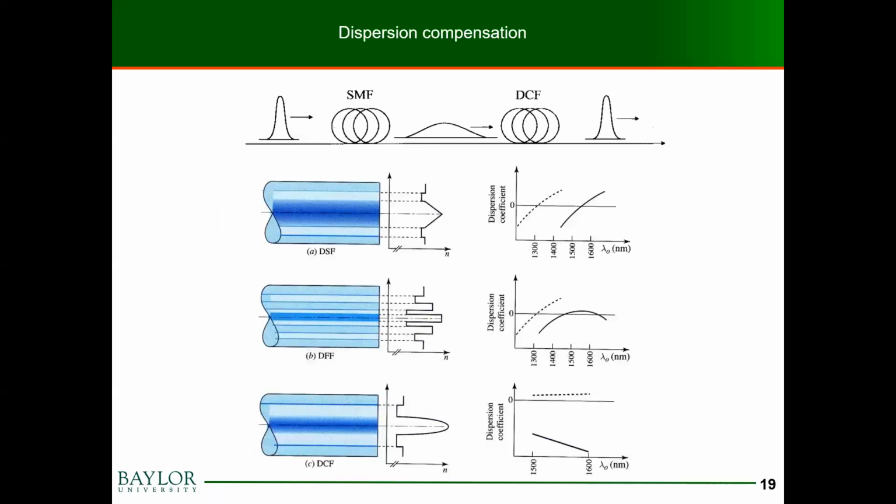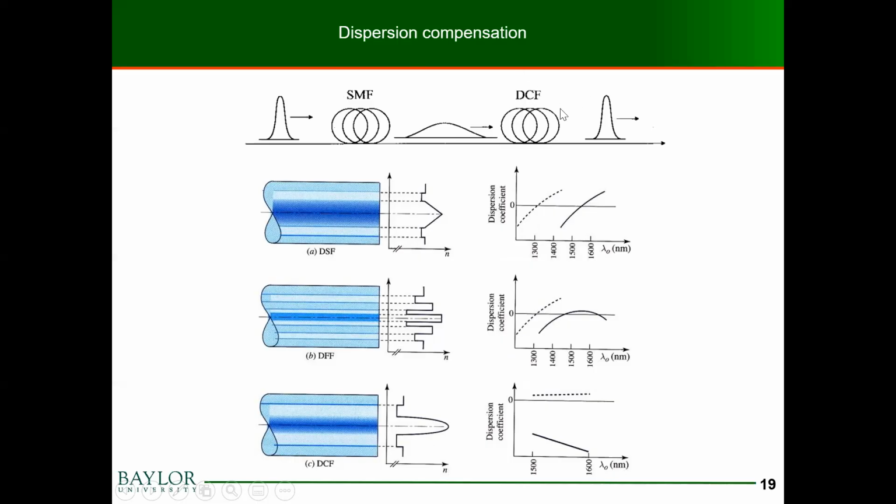Okay, now let's look at this. When we talk about dispersion, after the pulse passes through the single mode fiber, it will be broadened. But one can design a so-called dispersion compensation fiber. I'll explain the single mode fiber later in our class.